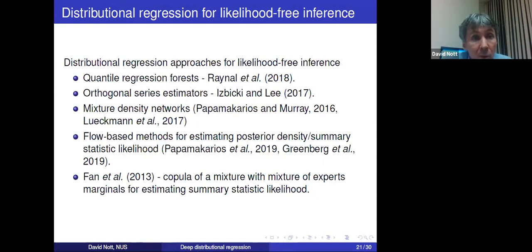Now I should mention, earlier on I talked about some different distributional regression methods in the literature. There's been a lot of work specifically on distributional regression for likelihood-free inference. There are methods based on quantile regression forests, orthogonal series estimators, mixture density networks, methods based on normalizing flows, or copulas for estimating summary statistic likelihoods.